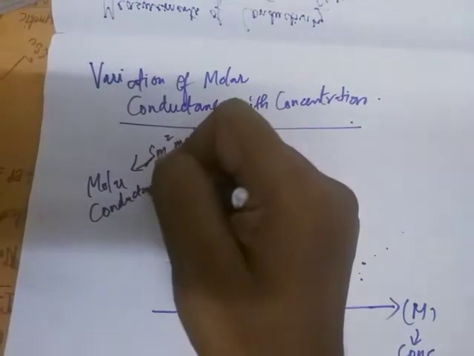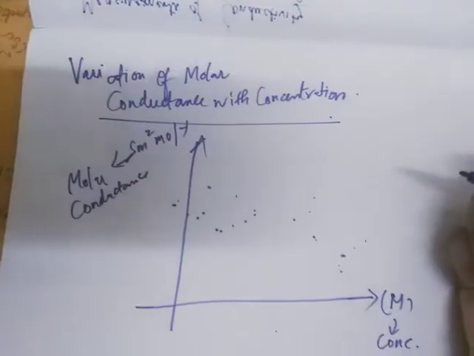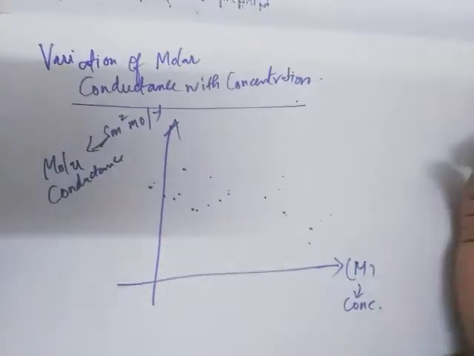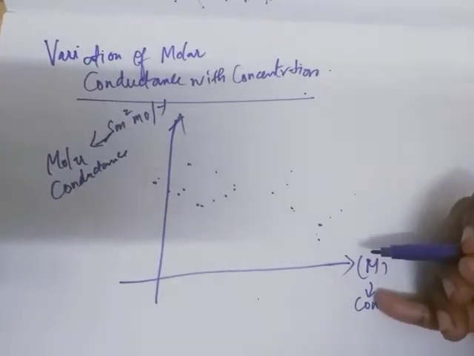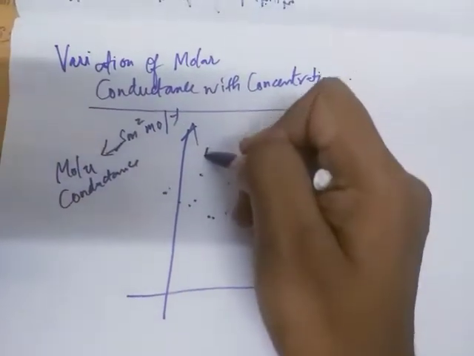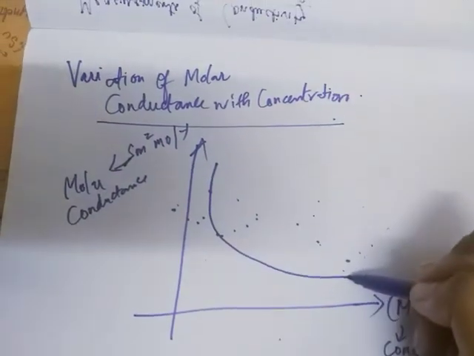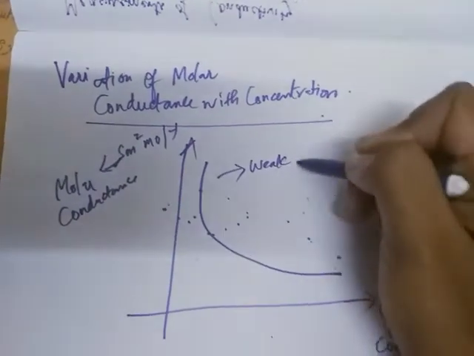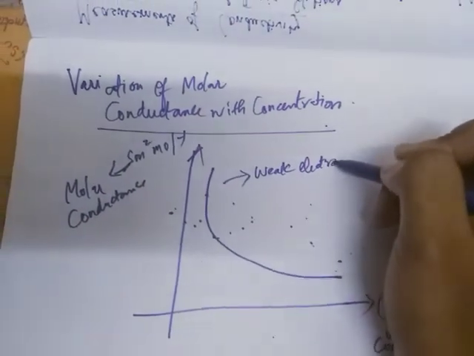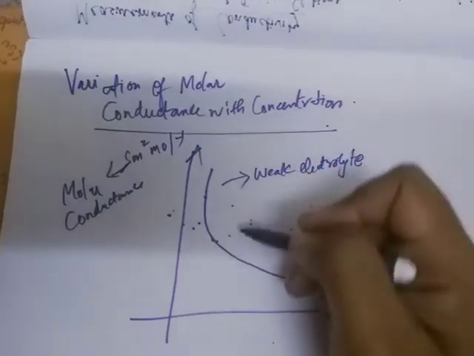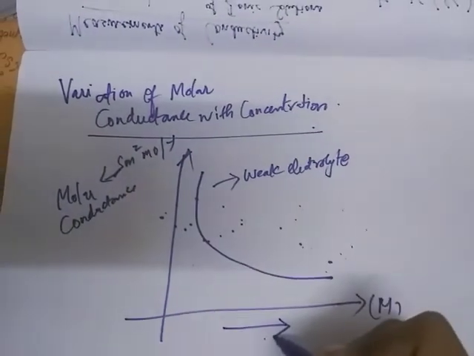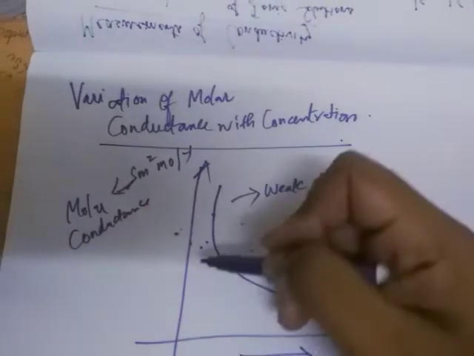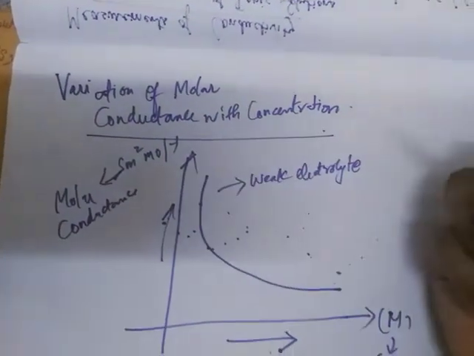If we derive the characteristics of molar conductance versus concentration, then for a weak electrolyte, as the concentration increases, the molar conductance increases.